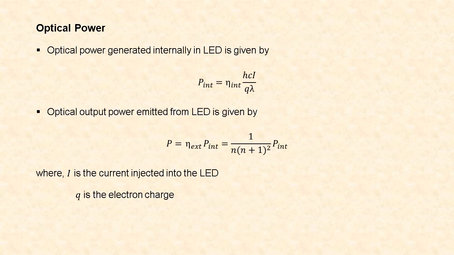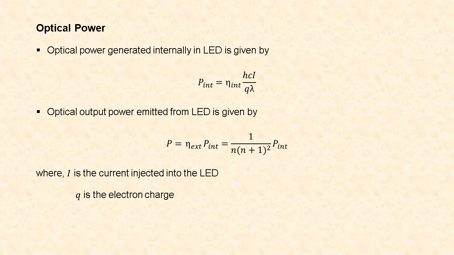Next is the optical power. The optical power generated internally in LED is given by P int is equal to internal quantum efficiency into h into c into I divided by q into lambda. Here h is the Planck's constant, c is the velocity of light, I is the current injected into the LED, q is the electron charge, and lambda is the wavelength of the light.